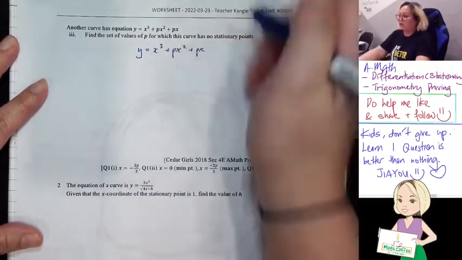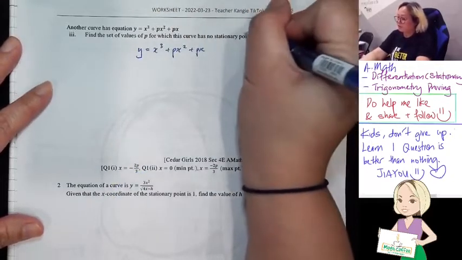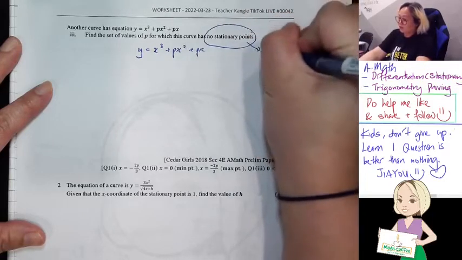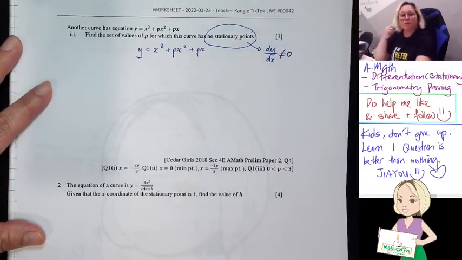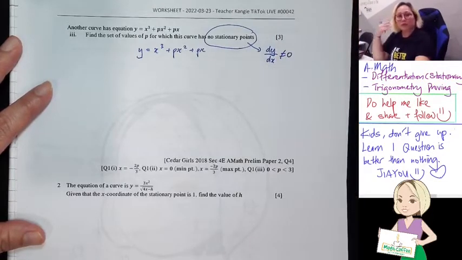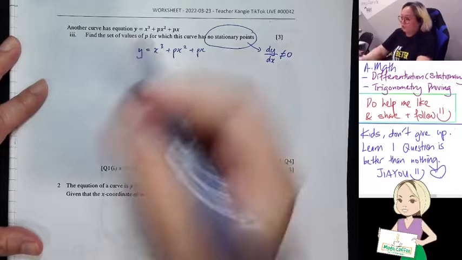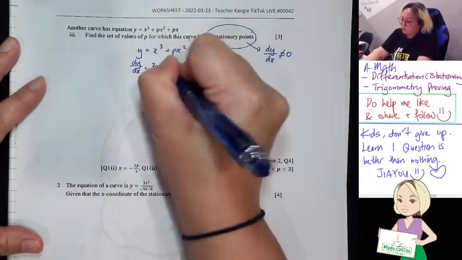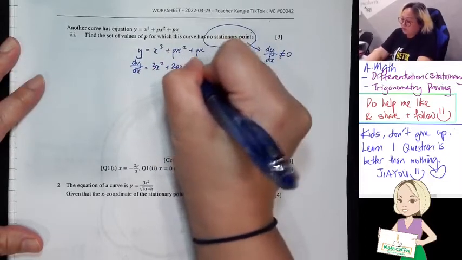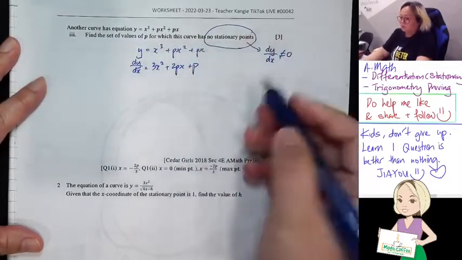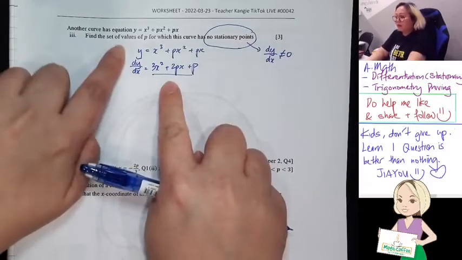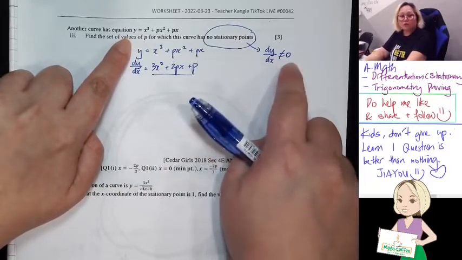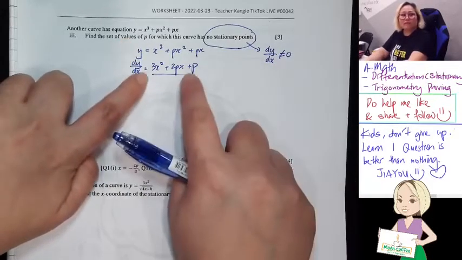Okay, so you see, when they say the curve has no stationary point, it means that we want to find dy dx not equal to 0. So let's find our dy dx first. dy dx will be equal to 3x squared plus 2px plus p. So we want to find out what is the range of values of p such that dy dx is not equal to 0.